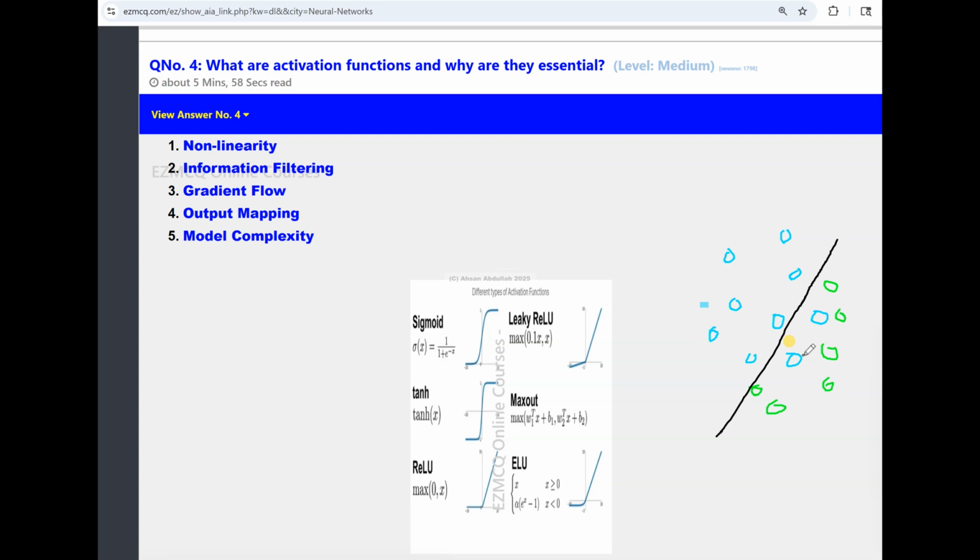Now, if it had non-linearity, then it could have been going like this. So this non-linearity we are introducing to work on the complex patterns. That's the objective of this non-linearity. I believe now you understand.